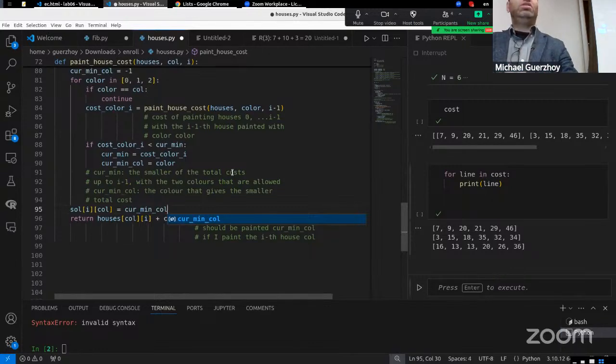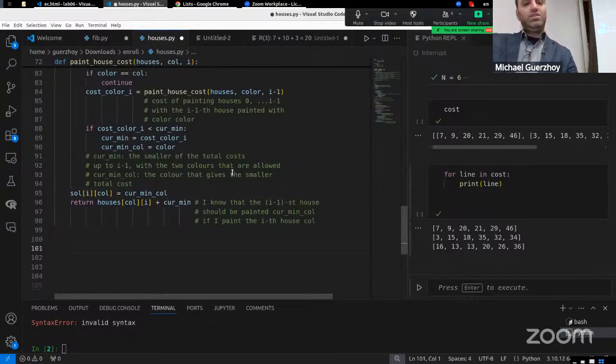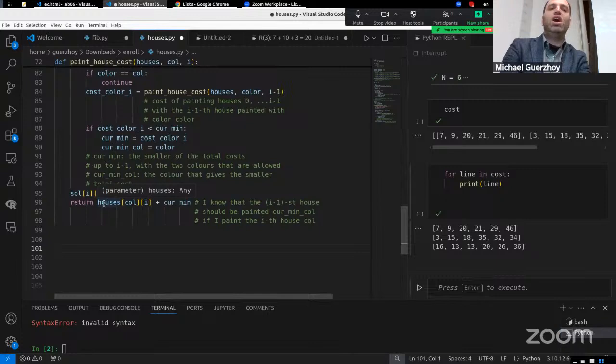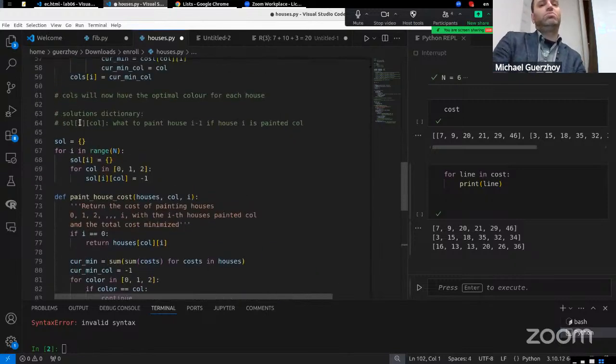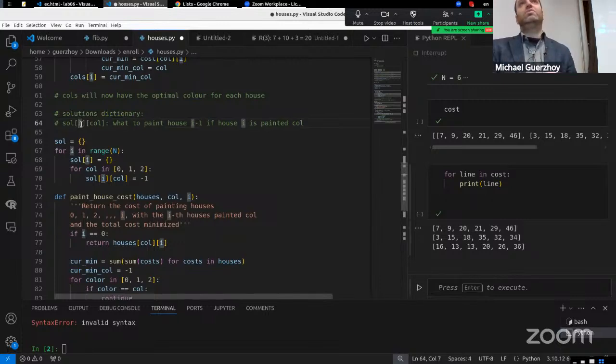Once I have the solution, all we need is the last color, and we can just read off the actual solution from this array. Does that make sense? So if I know the answer for I minus one, assuming that I know the answer for I, I can just read it off. All right.